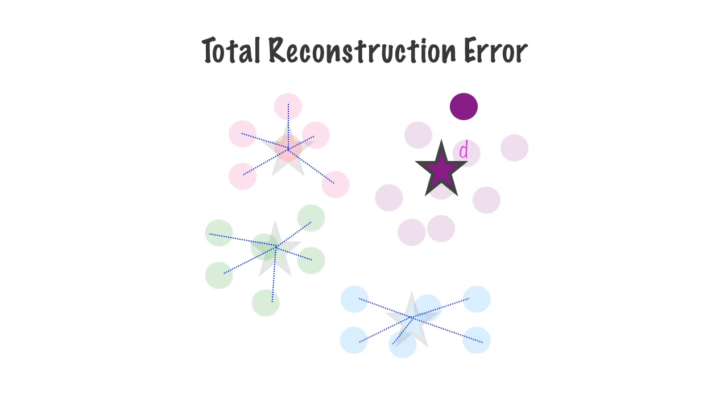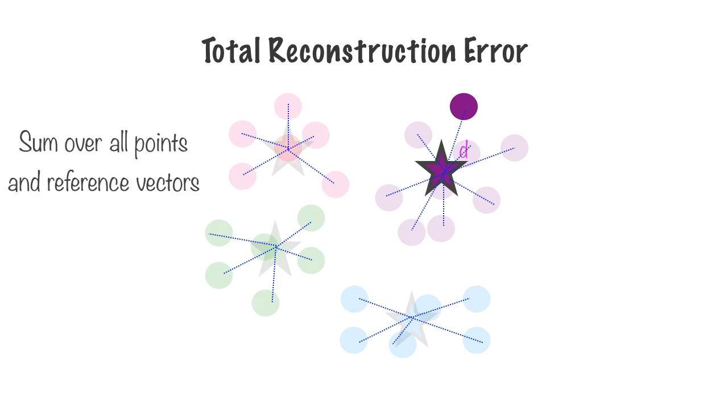So find the square of the Euclidean distance for all points with all cluster centers and sum over all points and reference vectors. This sum is the total reconstruction error. The total reconstruction error is equal to the sum of the squares of the Euclidean distance between all points which belong to a particular cluster and their reference vectors.